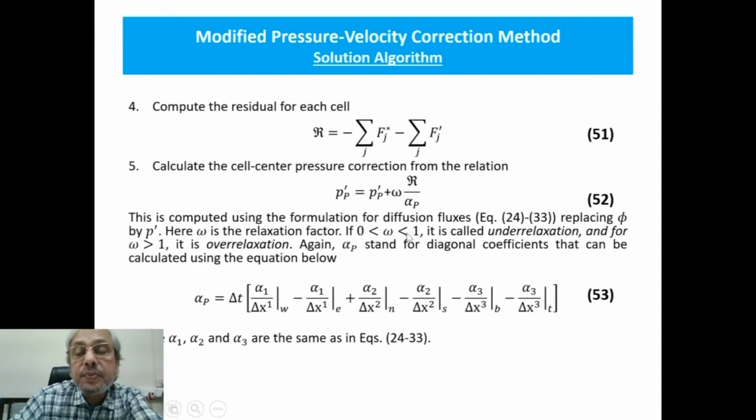If omega is between 0 and 1, that means less than 1, it is called under relaxation, and for omega greater than 1 it is over relaxation.